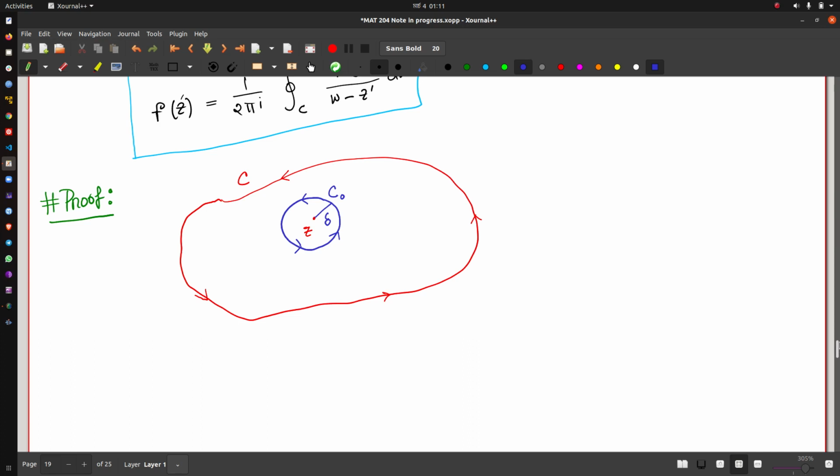So from Cauchy's theorem we deform the contour.